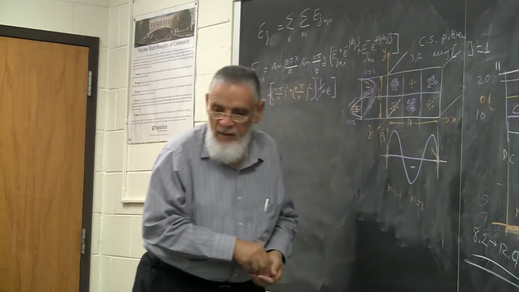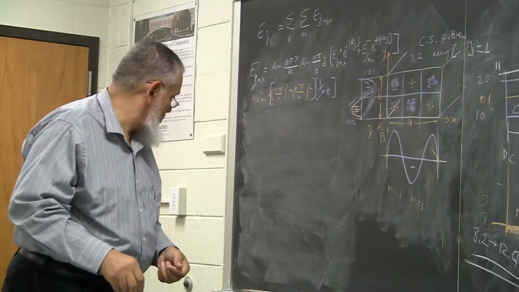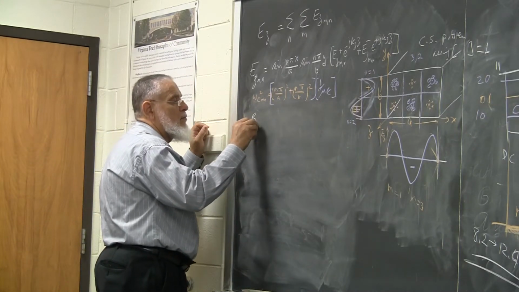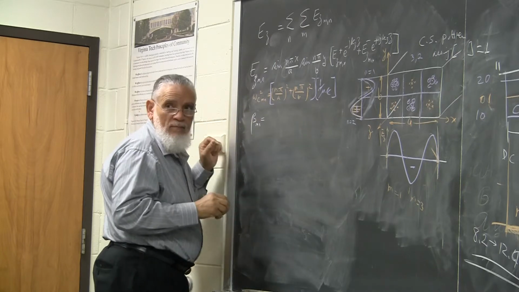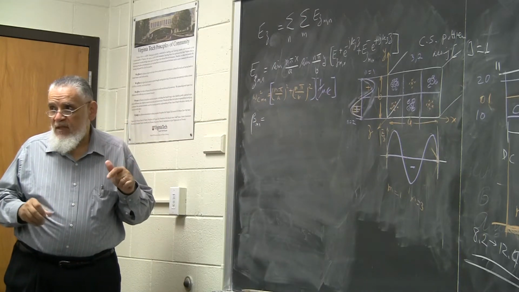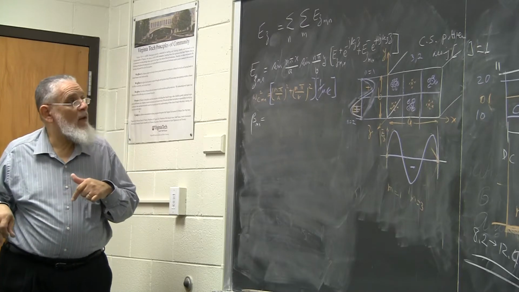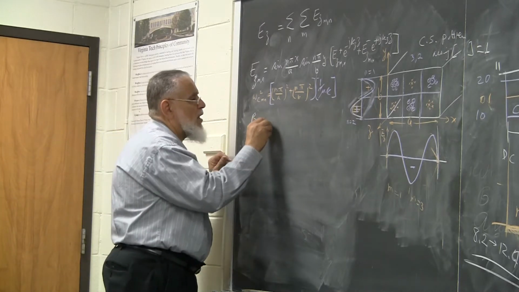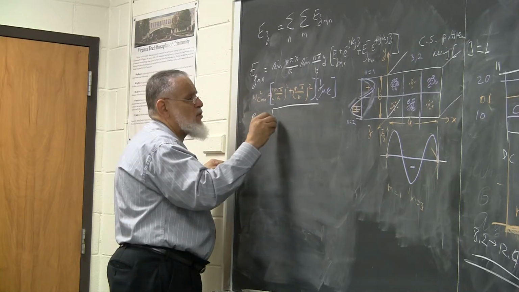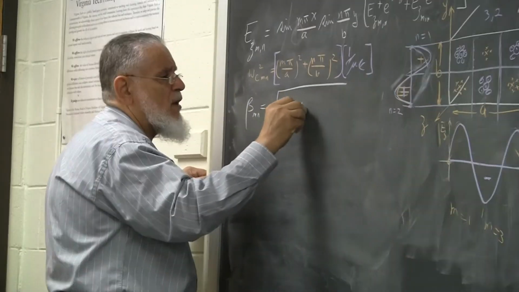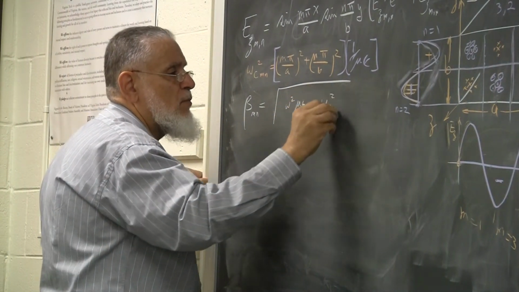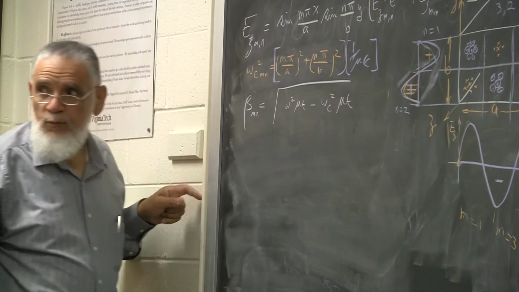So beta mn was what? It's k sub z, remember? Which is the square root of omega squared mu epsilon minus omega sub c squared mu epsilon, right?